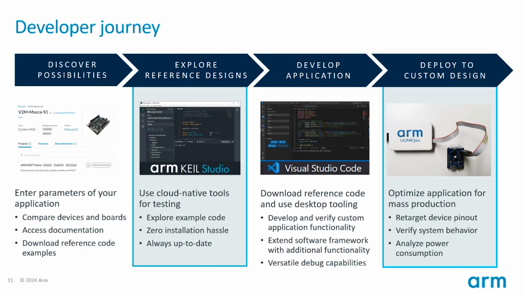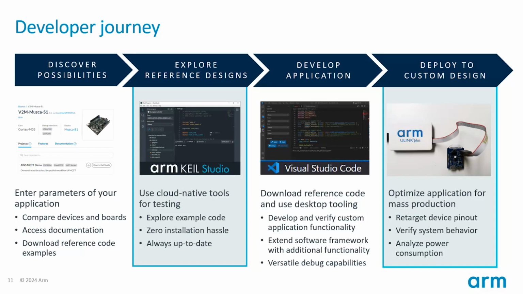You can then import, for example, projects directly into this cloud-based Keil Studio. You can build it there and download it onto your target hardware. We're using WebUSB technology there, so you can connect your browser directly to the target hardware.